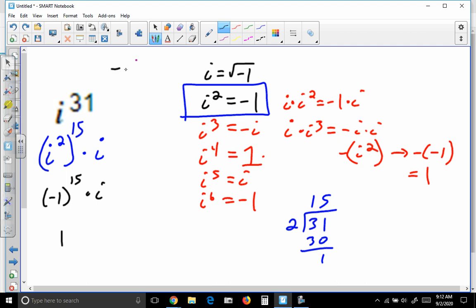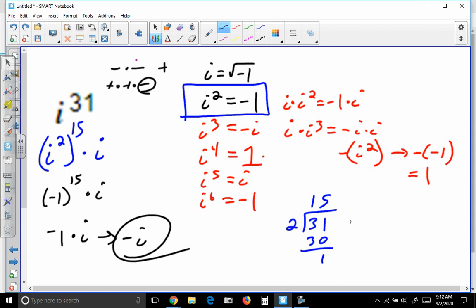If we have an even amount of negatives, that's a positive. But if we have an odd amount of negatives, that makes a negative. 1 to any power is 1. So this just simplifies to minus i.